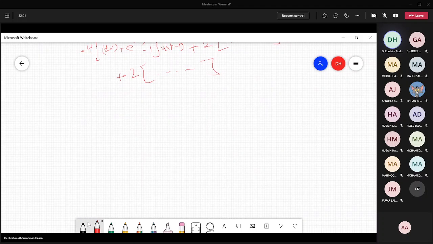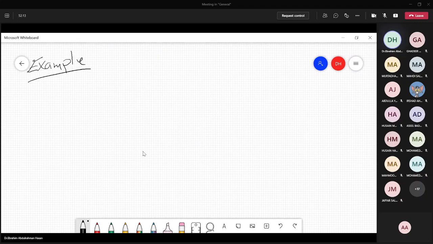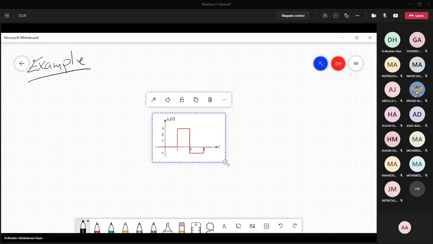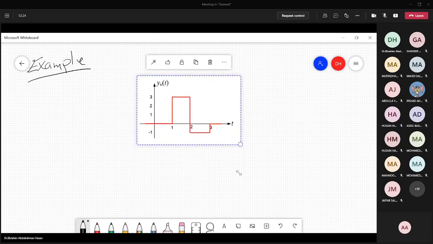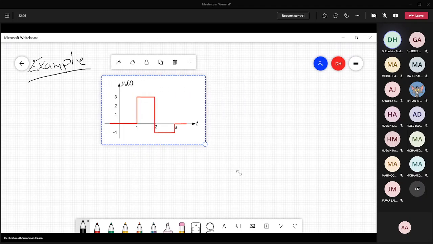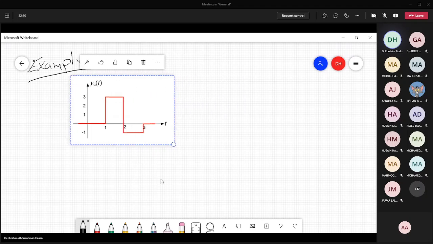Another example. Let me say that this is my step system.